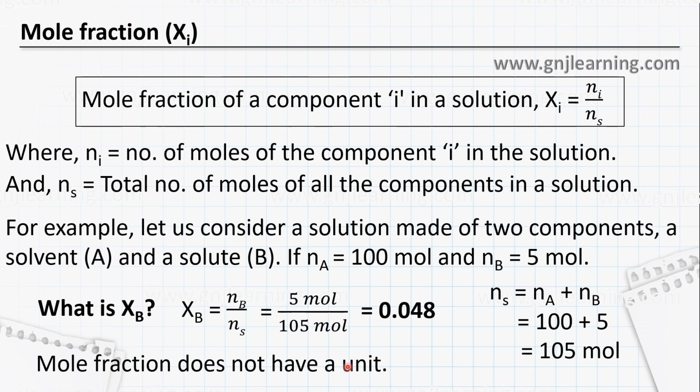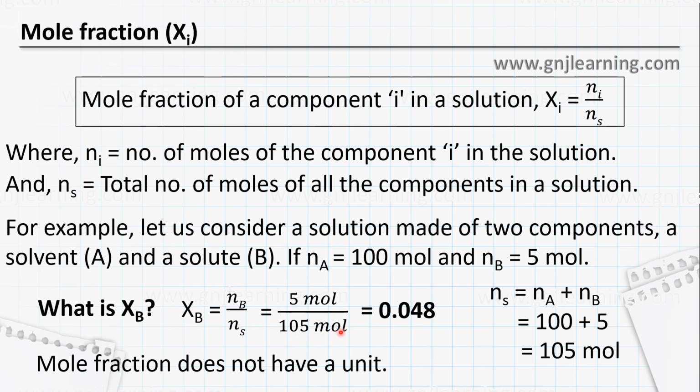Clear? So what you have noticed here is that you always have a small number in the numerator, because you are talking about a particular component in the solution, whereas in the denominator you are mentioning the total number of moles in the solution.